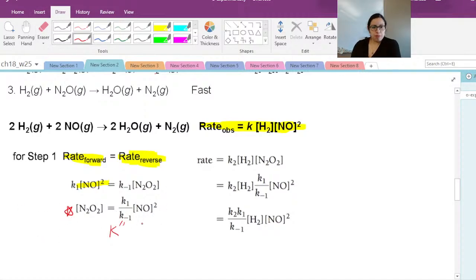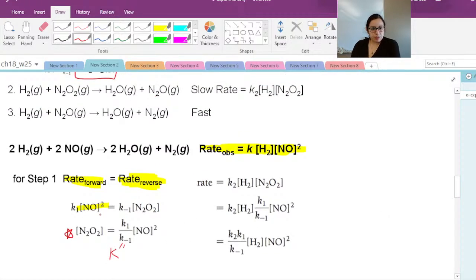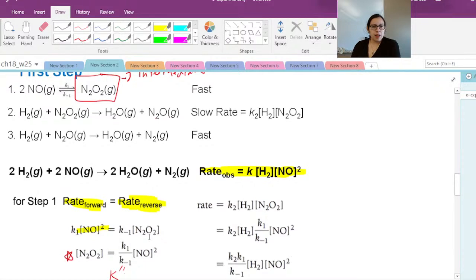All right, is that clear, just this first little part, what's happened? I just don't want to lose anybody because it's super mathy. So now we just wanted to set our intermediate equal to something in our reactant expression. And then we've done the same thing for step 2 as shown.